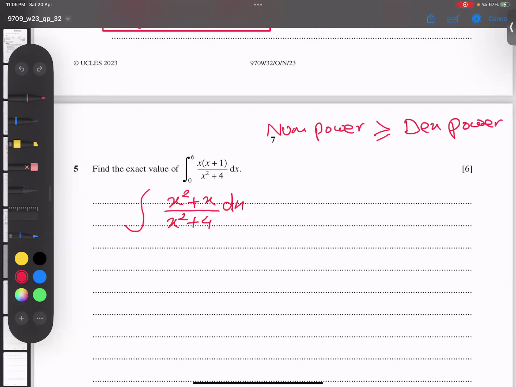Stuck my mind, okay. It is not in normal format, so we have to do long division.